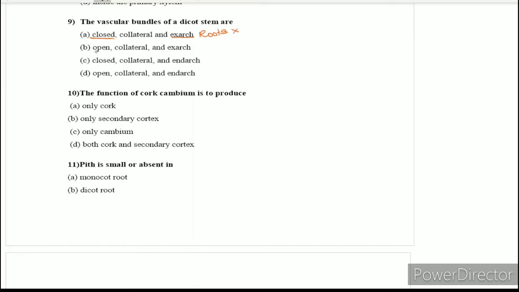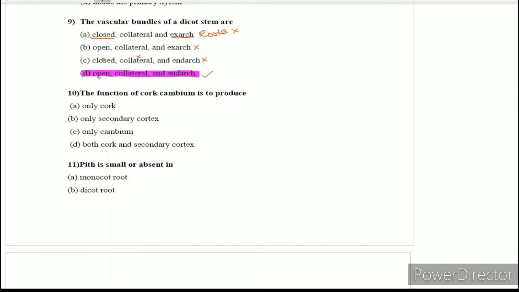Again, it is open, collateral and exarch. This is also wrong. Closed, collateral and endarch. This option is also wrong. And the final one is open, collateral and endarch. See, this is the correct option.